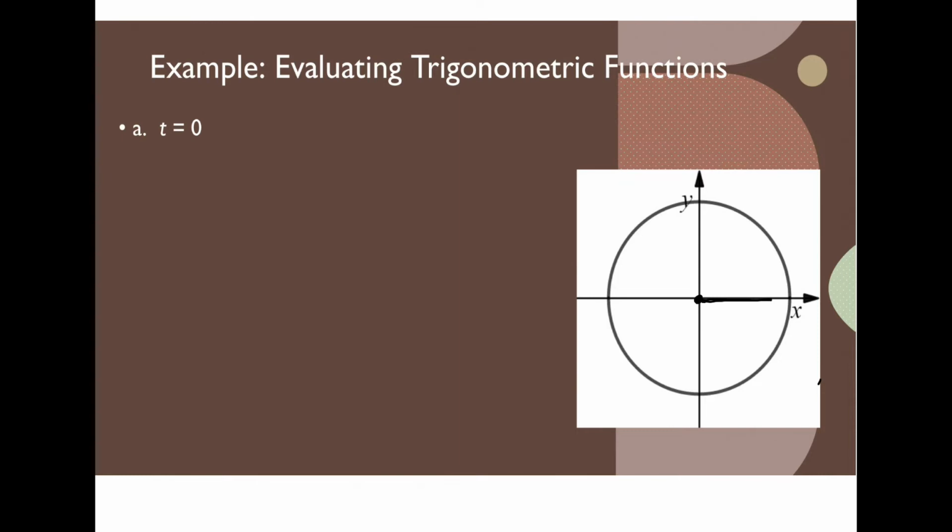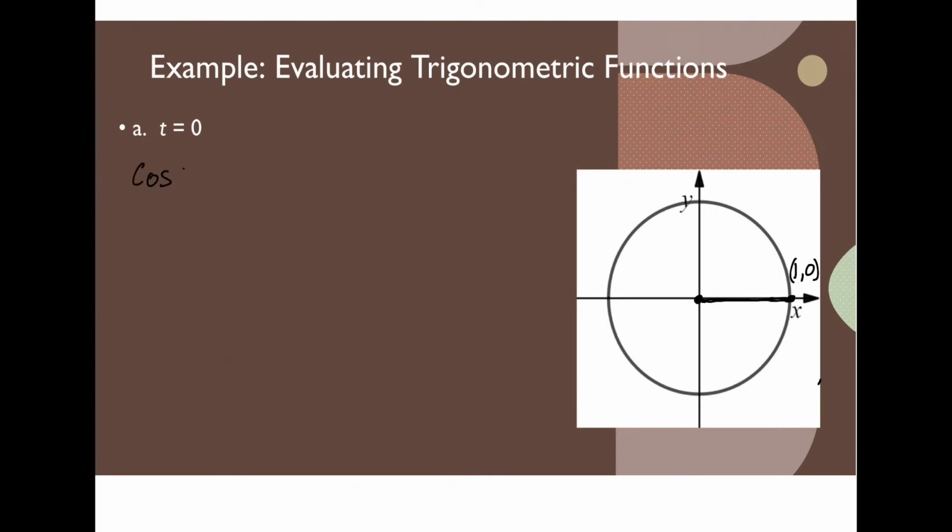Let's look at the x and y coordinates here. So this would be at 1 and 0. I'm sorry, I have that backwards. 1 for x and 0 for y. So let's first start off with sine and cosine.